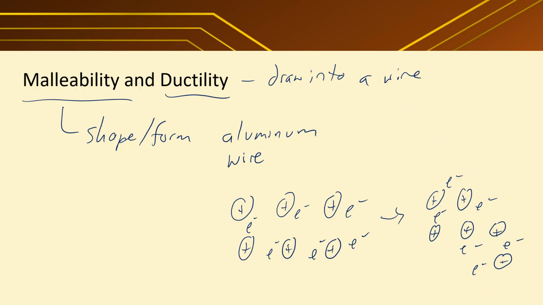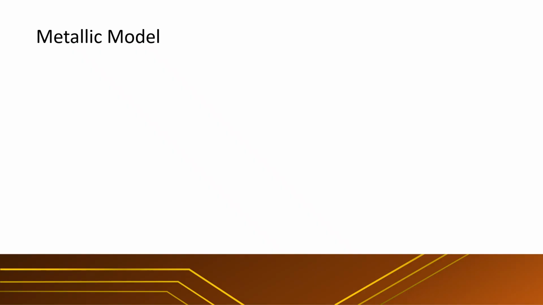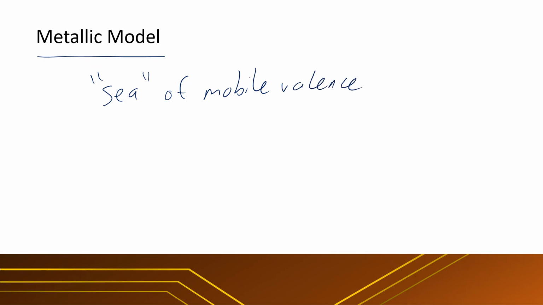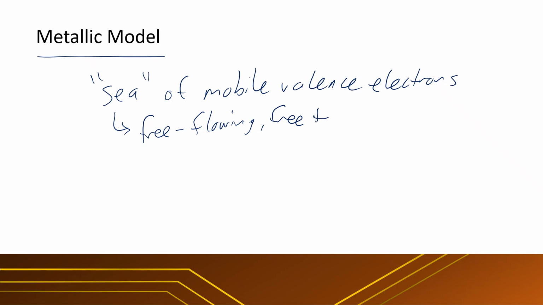which is really cool. So all of this combines into what we call the metallic model, which has a sea of mobile valence electrons. With the sea, there's free flowing, free to move valence electrons.